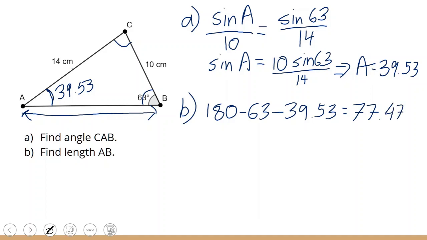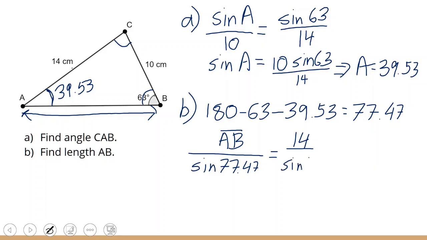Okay, now that I have that, I can use sine rule again. And so the length of AB over the sine of the opposite angle, which is 77.47, is equal to another length. So I'm just going to use 14 here, and the opposite angle, which is 63.